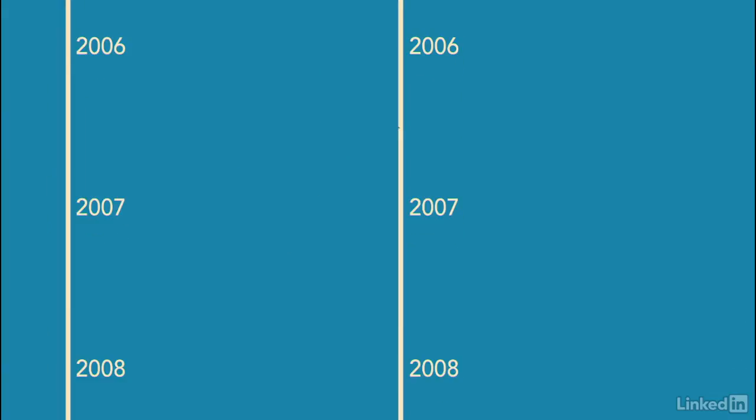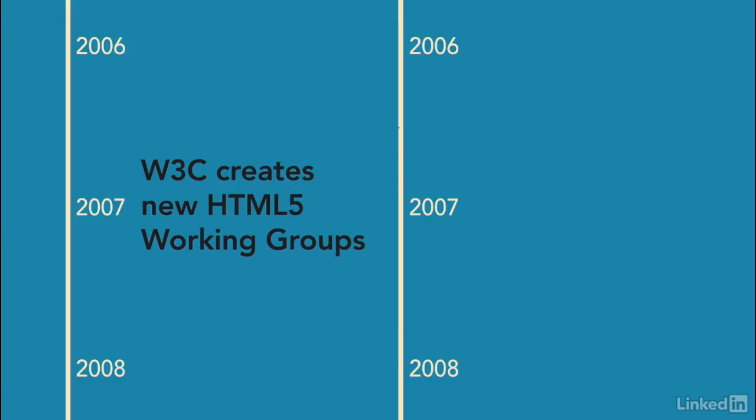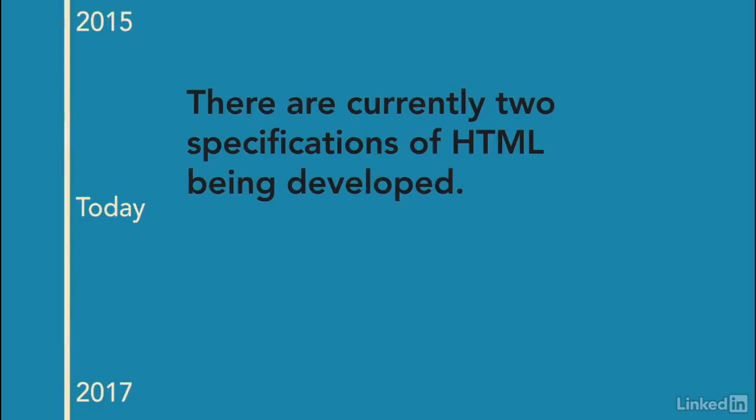Their specification, which was entitled Web Applications 1.0, was eventually adopted by the W3C and renamed HTML5. So that leads us to the current state that we find ourselves in, which is we have two specifications of HTML being developed at the same time, one by the W3C and one by the WHAT working group. The two groups do cooperate with one another, but the specifications are considered independent of one another.